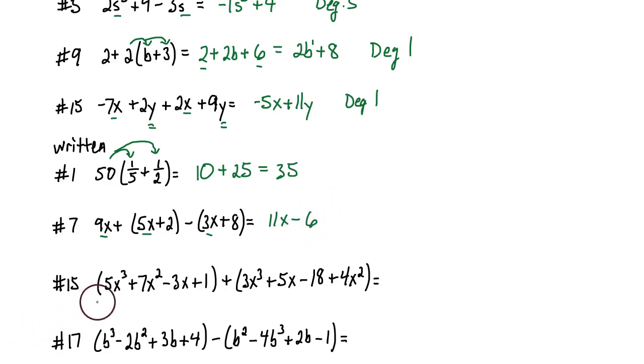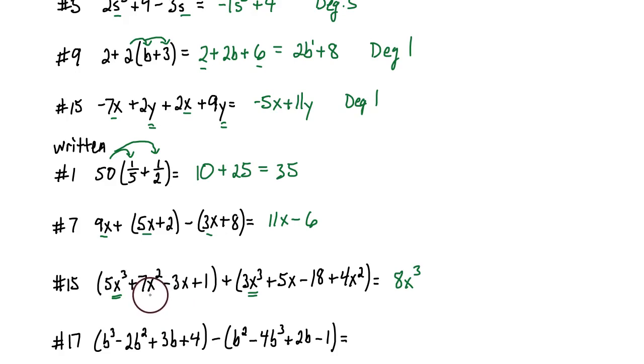Number 15. We have a 4-term polynomial and we're adding another 4-term polynomial. Let's look for like terms and combine them. The term with the highest degree is the x to the 3rd power term. Later on, there's another one of those. So let's combine. 5 of them plus 3 of them is 8x to the 3rd power.